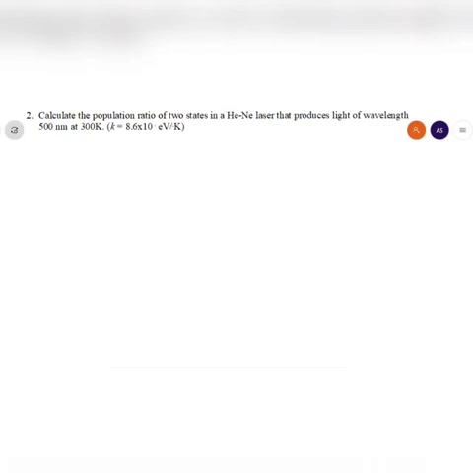In question number 2, calculate the population ratio. The wavelength is given as 500 nanometer at room temperature, and the value of the Boltzmann constant is also given.